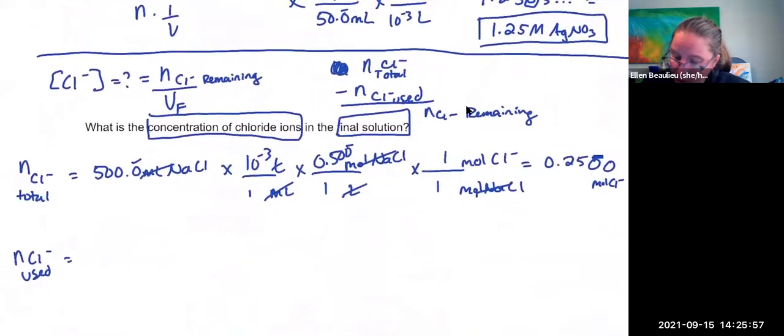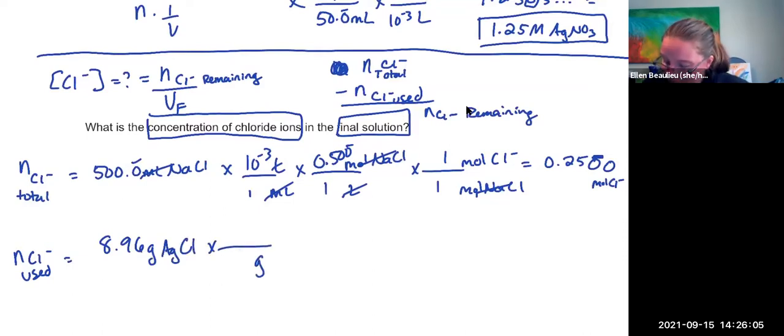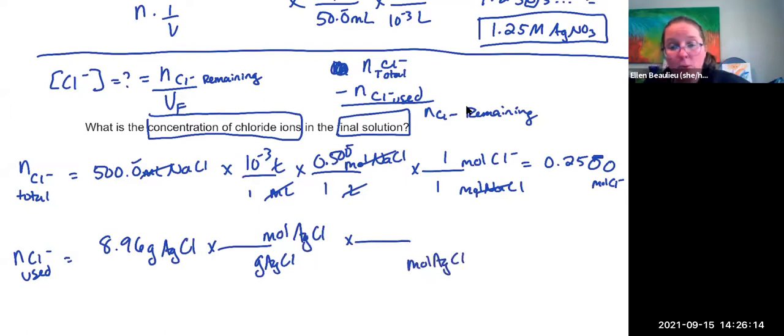So I'm going to start with my grams of silver chloride. Again, I'm going to get into moles, so that I can relate moles of that salt that I formed to moles of the ion that went into it. One-to-one relationship here.